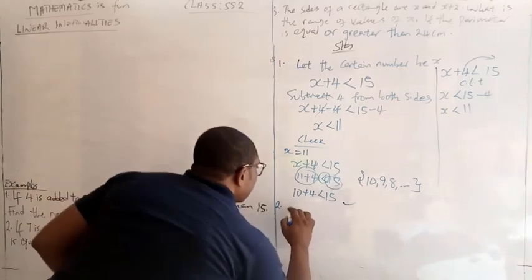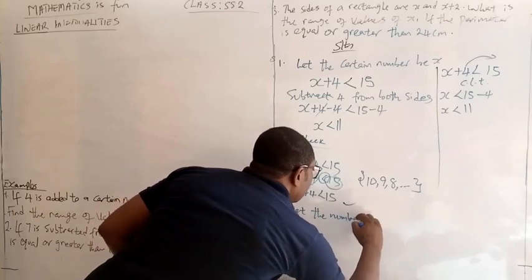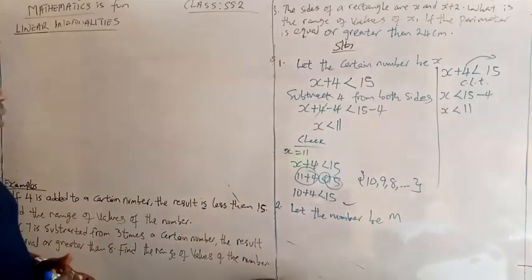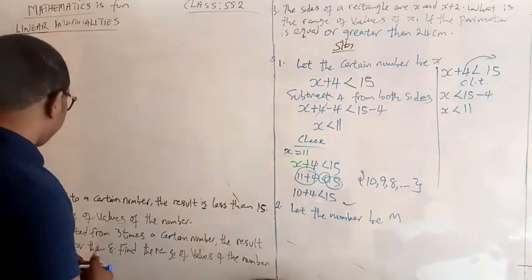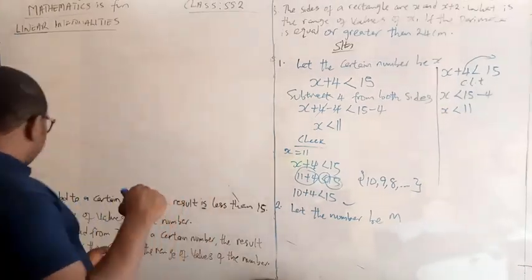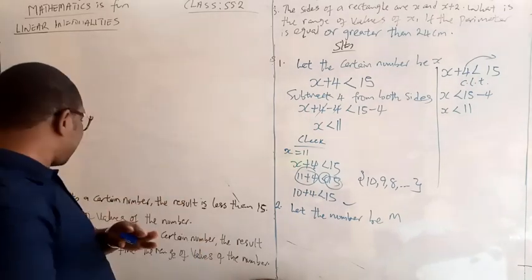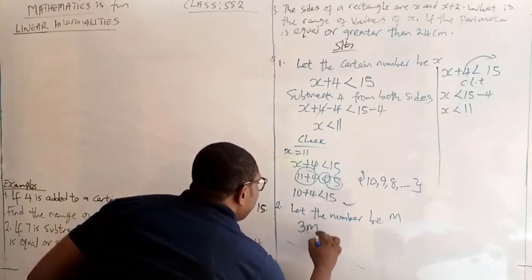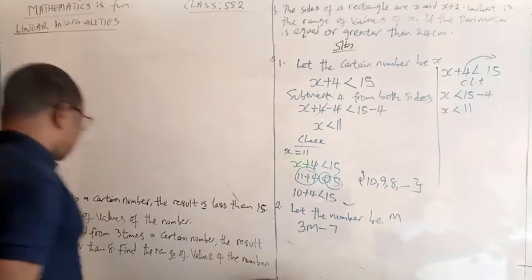Now, let the number be m. Yes, let me use a different unknown variable now. Let the number be m. 3 times the certain number. 7 is subtracted from 3 times a certain number. 3 times a certain number will be 3m, and subtracting 7 from it means minus 7.